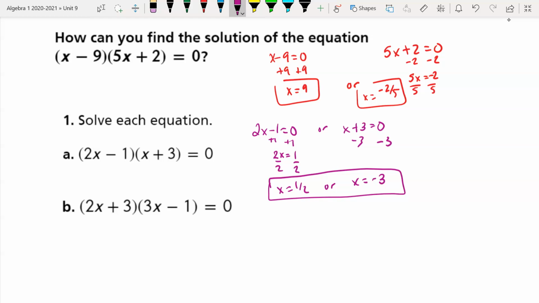So hopefully you got 1/2 and negative 3 for the first one, because I would say 2x minus 1 equals 0, or x plus 3 equals 0, and then I would solve it. So the first one I added 1 over, and I divided by 2. The second one I just subtracted 3. I got x by itself.